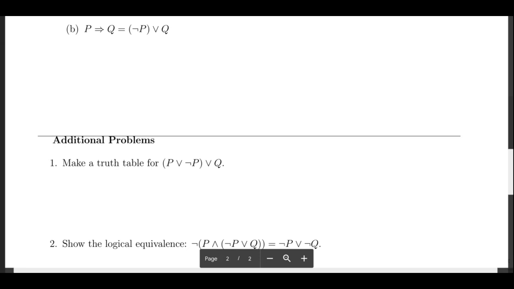Does it make sense? So P or not P is always true, and conversely, P and not P is always false.